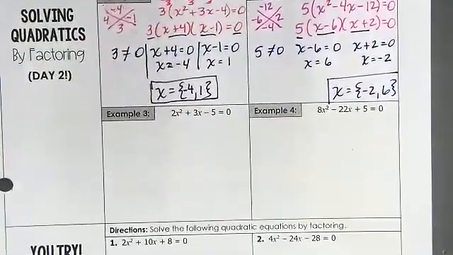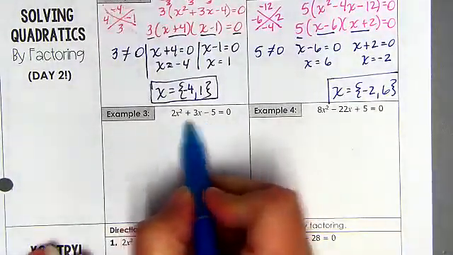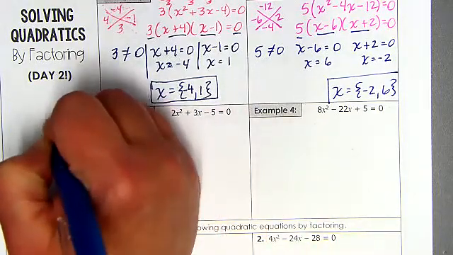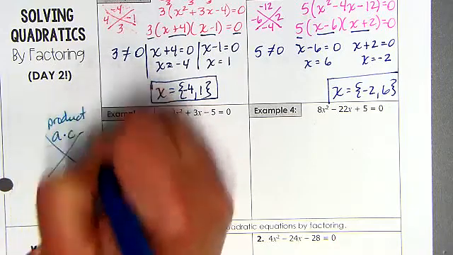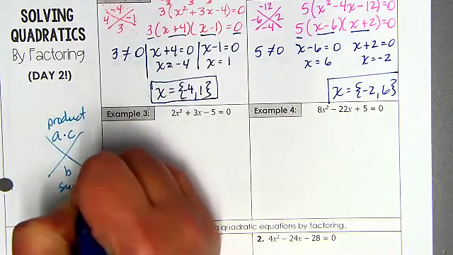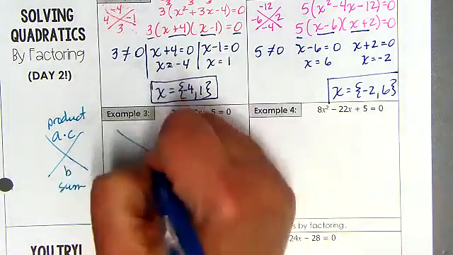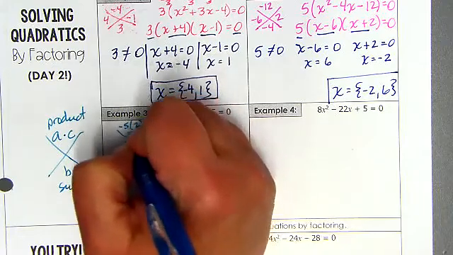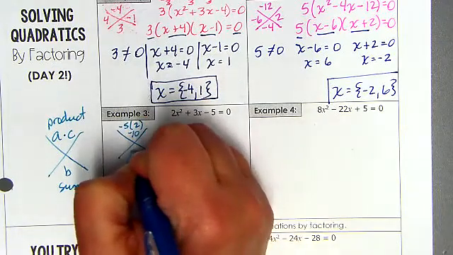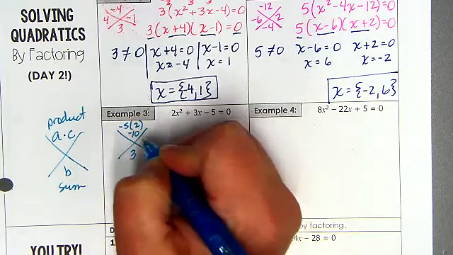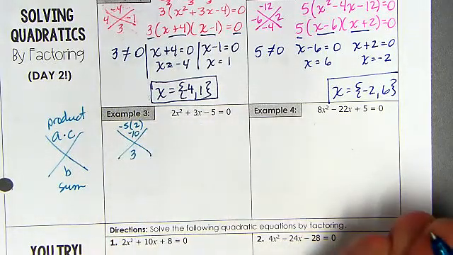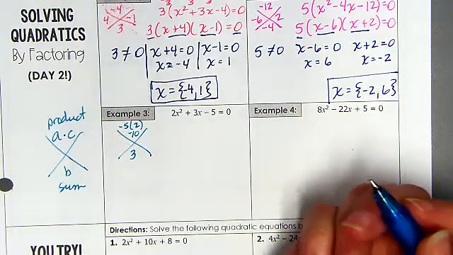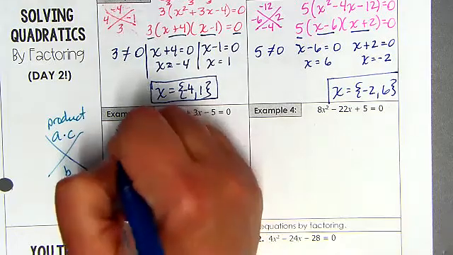Right along, example 3. This one, there's not a GCF. So that's where, remember, we have to do A times C for the product on the top and B for the sum. For this, we're going to have negative 5 times 2, so that gives me negative 10, and 3, so that's going to be 5 and negative 2.